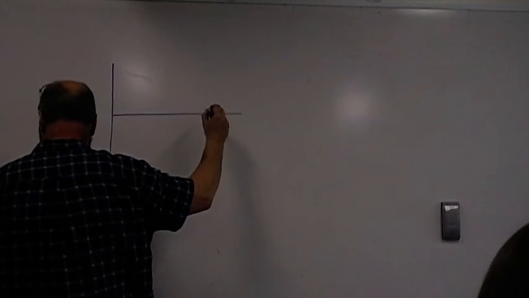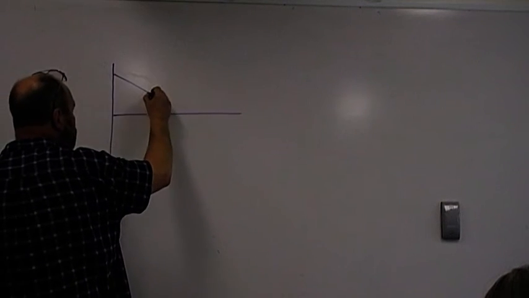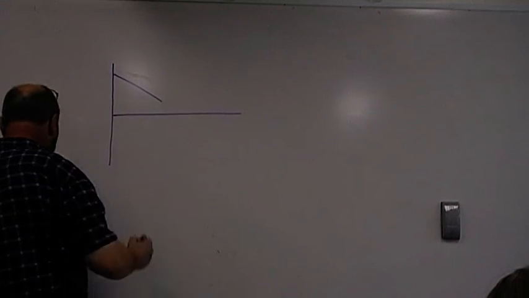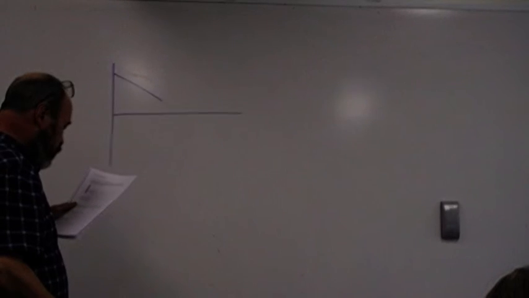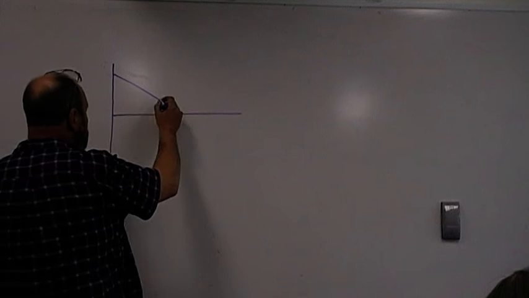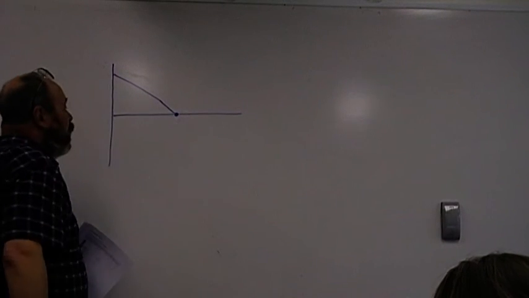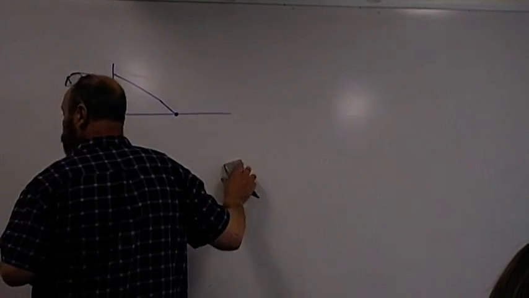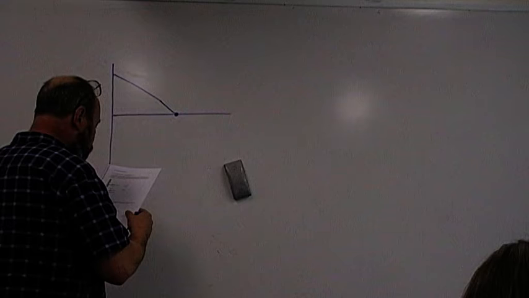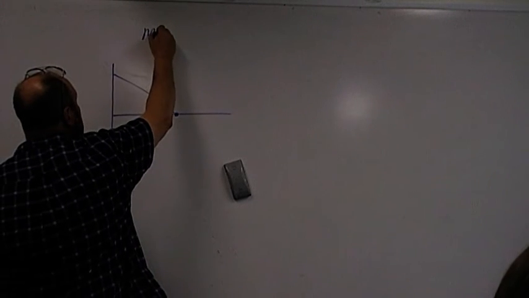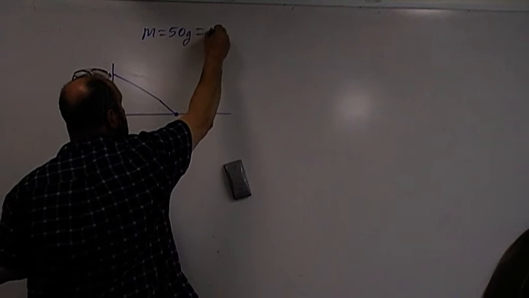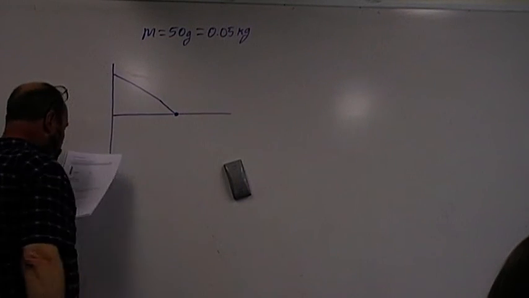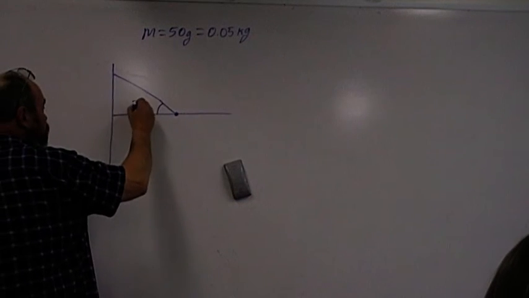So we have the next situation. We have a beam that's supported by a string attached to the wall. The mass of the beam is 50 grams, that is 0.05 kilogram, and this angle is 30 degrees.